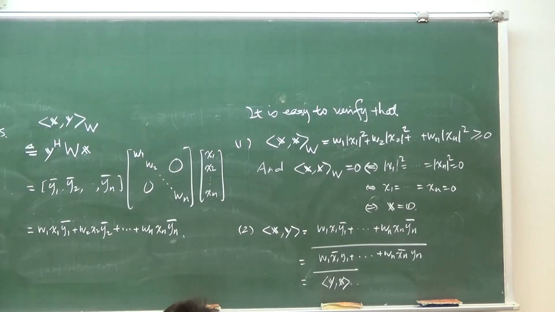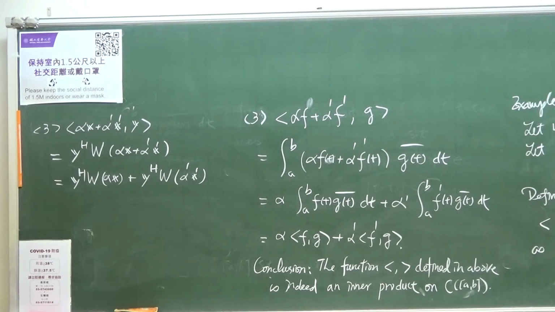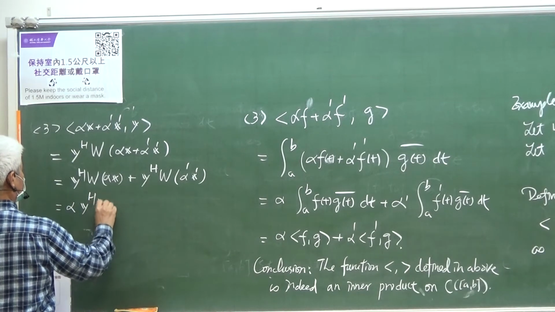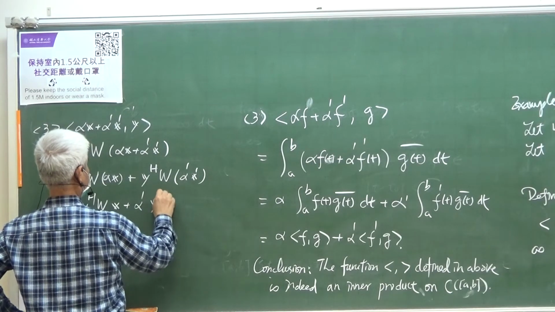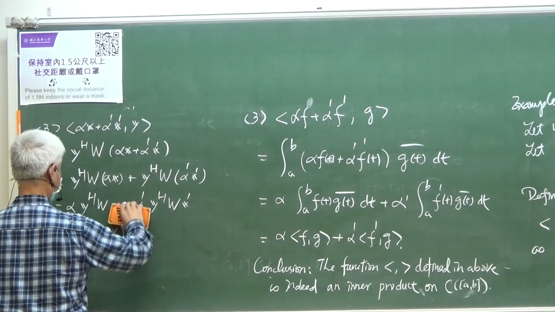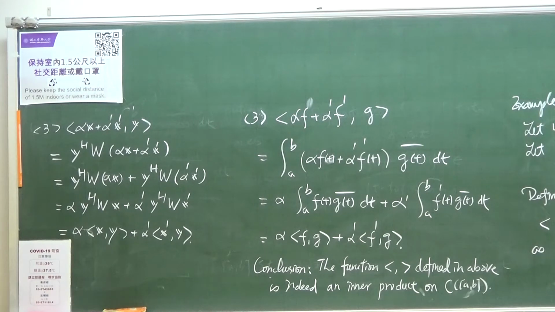Now for linearity, take alpha x plus alpha prime x prime. So this is Y^H W, and by the property of matrix multiplication we can split it, so we proved the linearity for the first argument.